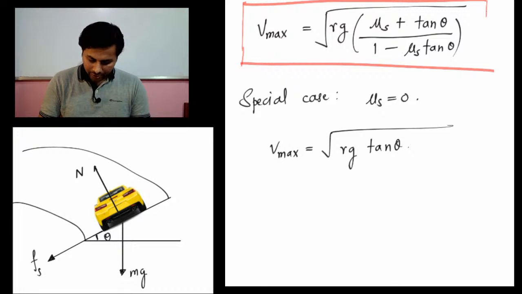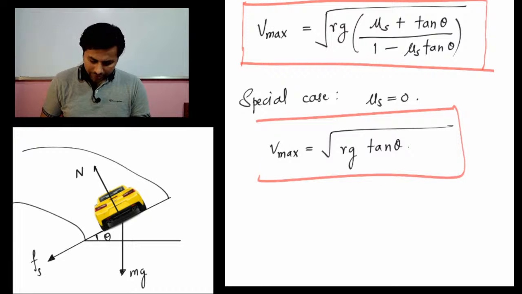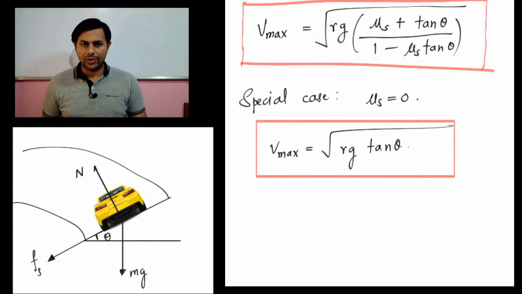Okay, so this means that even if mu s is equal to 0, even if there is no friction at all, we still have some maximum safety speed limit. So we can still drive our car or our vehicle along that banked curved road with this much speed.